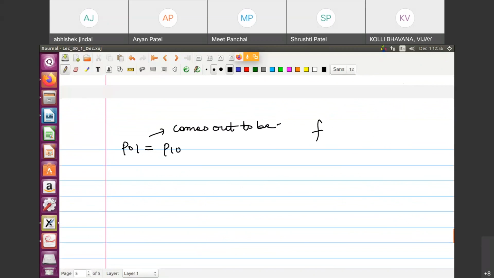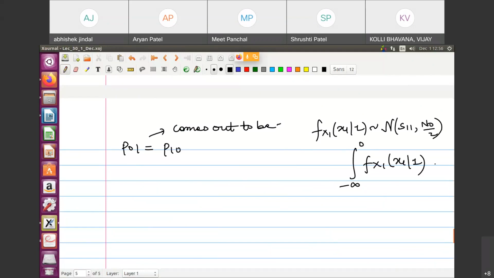Okay, what is f of x1? This will be like this. And now you know that if you have transmitted 1, then the possibility of you choosing 0 is that you have to integrate from minus infinity to 0 the f of x1 conditioned on 1, dx1.